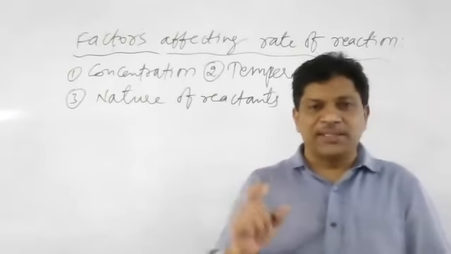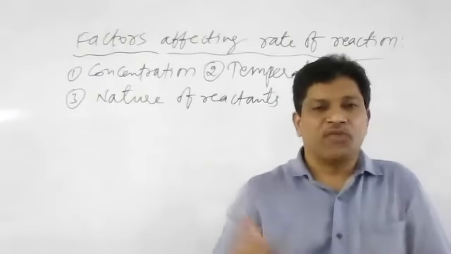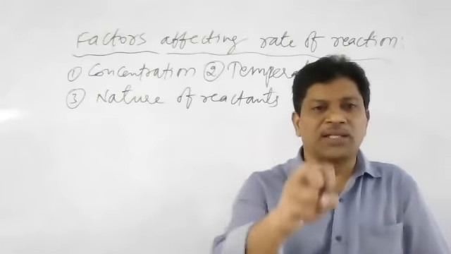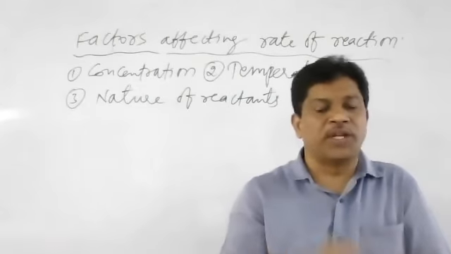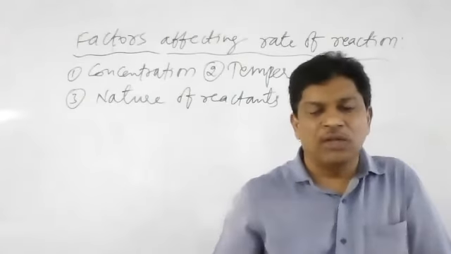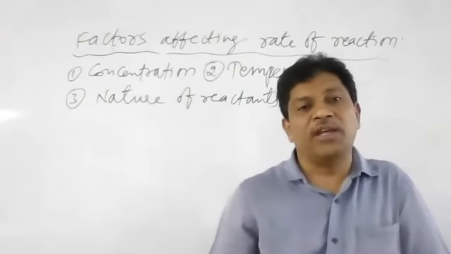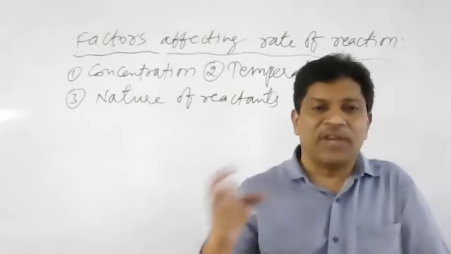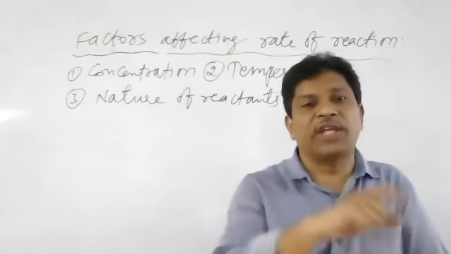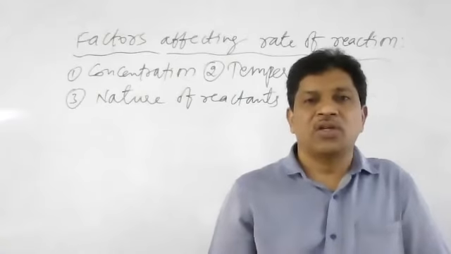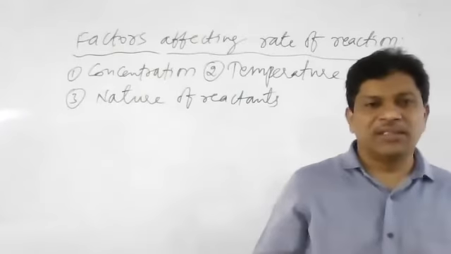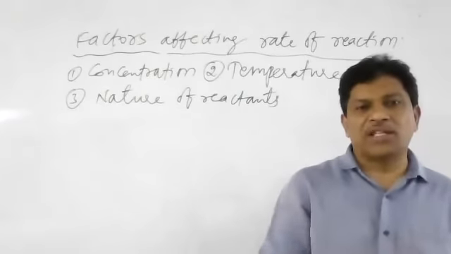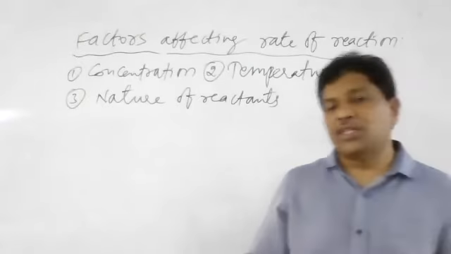If you take the reactants carbon and oxygen, if you mix coke, carbon and oxygen at the same room temperature, will the reaction occur immediately? No. The reaction takes a very long time. That means it is a very slow reaction. So the nature of reactants will decide the speed of the reaction. So concentration of reactants, temperature of the reaction condition, and nature of reactants.